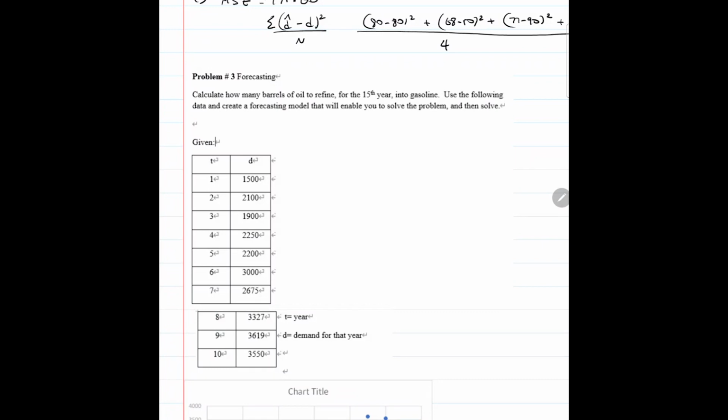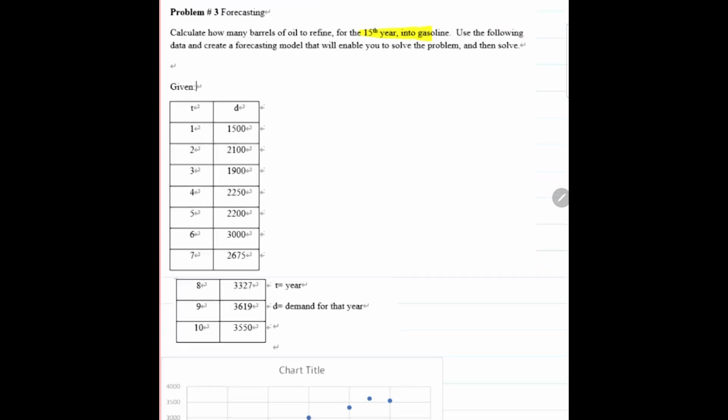They want to purchase in the 15th year. So on T here, it says each year. Just looking at the data, we can see that demand is increasing every year, but we'll have to visualize it first to see if it's true.